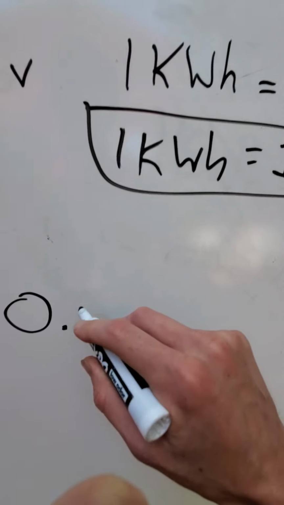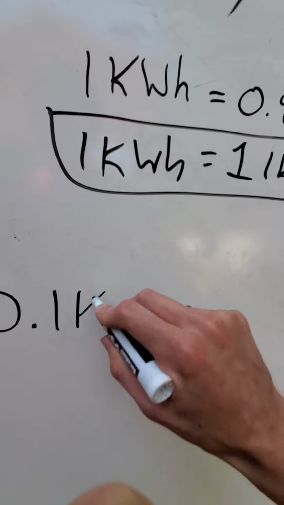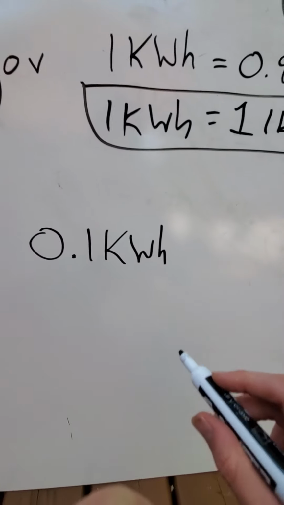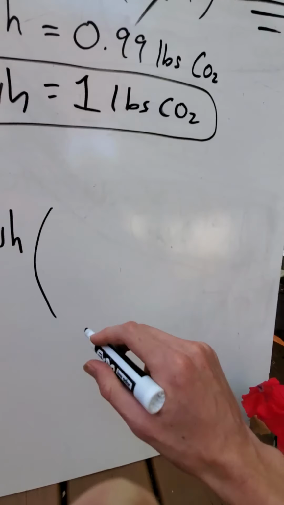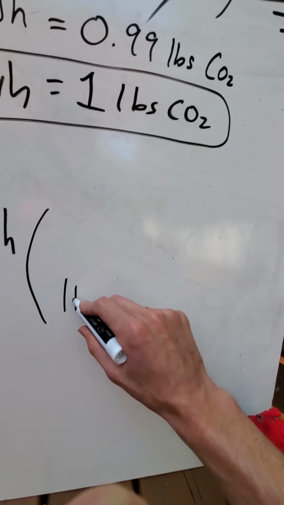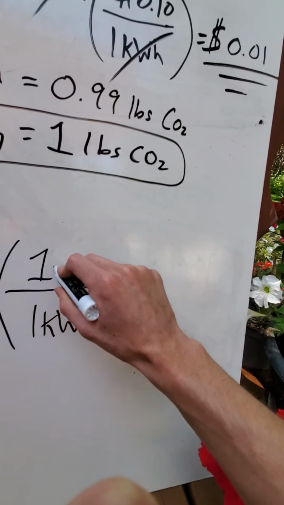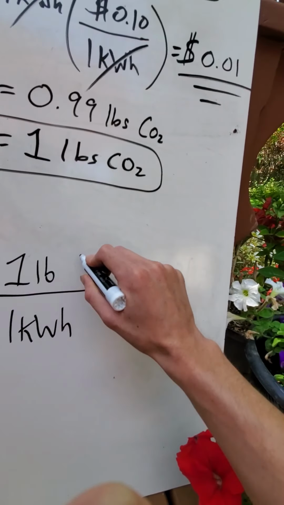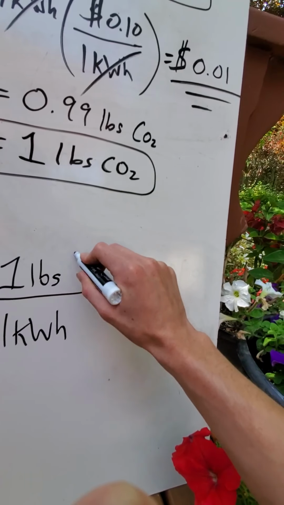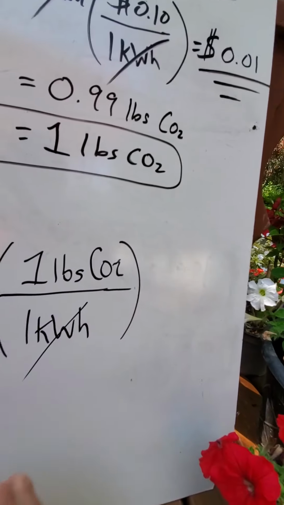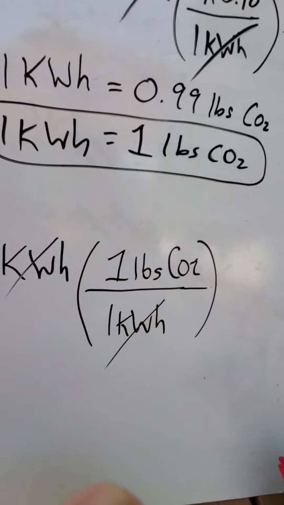So 0.1 kilowatt hours, that's how much energy we use in a day through the light bulb. And we're going to do a quick conversion factor. So every kilowatt hour produces about 1 pound of CO2. So the kilowatt hours cancels out.